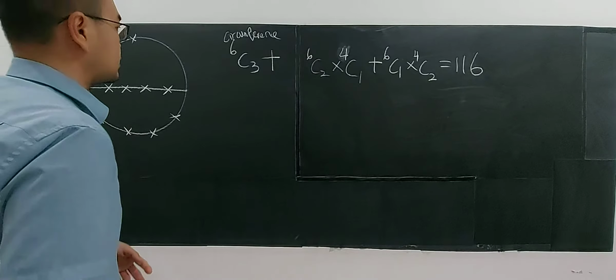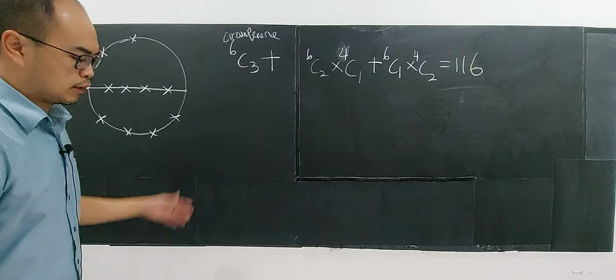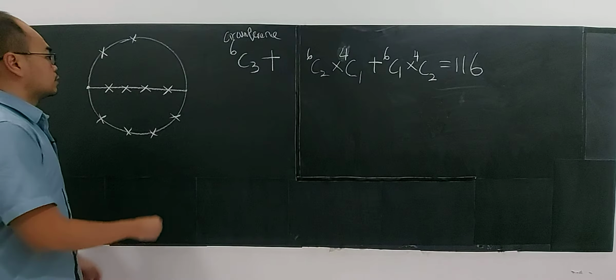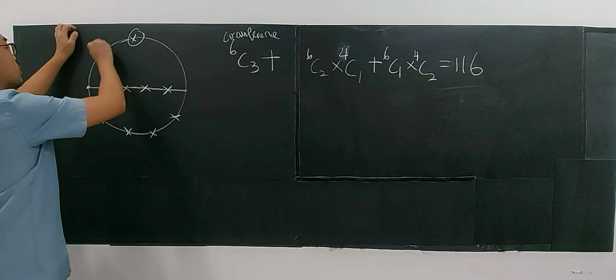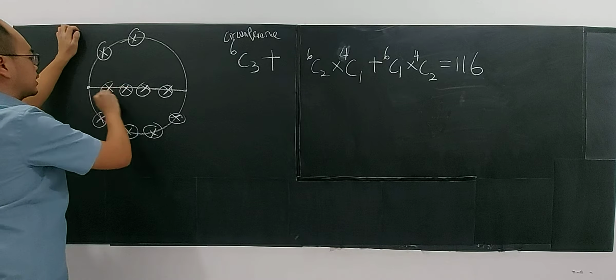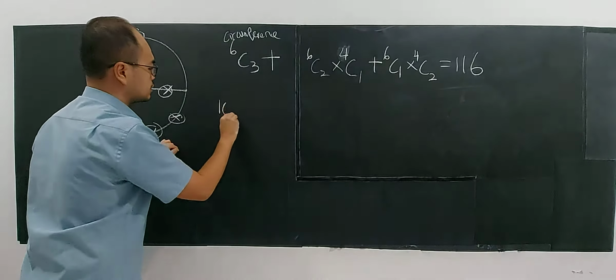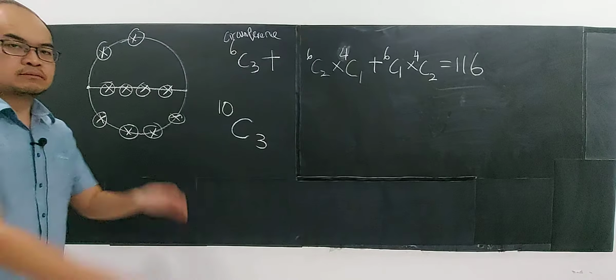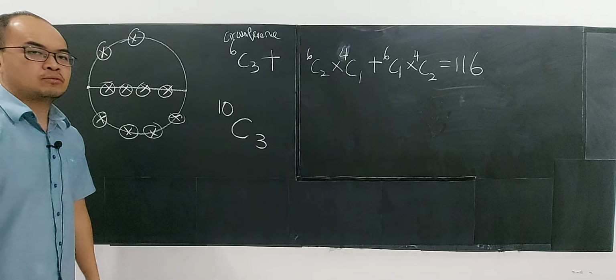If you understood the lesson from the start of the video, I explained about the 2 lines. So you understand, actually how many points are there? 1, 2, 3, 4, 5, 6, 7, 8, 9, 10. This student said, sir, 10 choose 3. I said, wrong. Cannot. Why cannot?